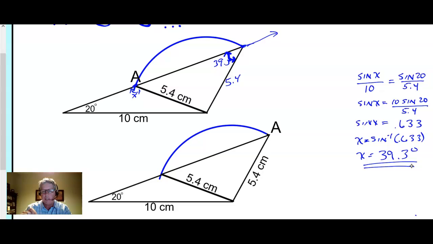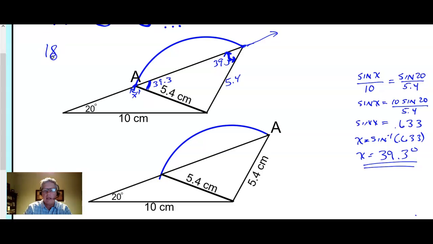Here's what's cool about this. What is that measure? If this is 39.3, this is an isosceles triangle, so this has to be 39.3, right? So how would you find this length right here? That's 39.3. How would you find this?